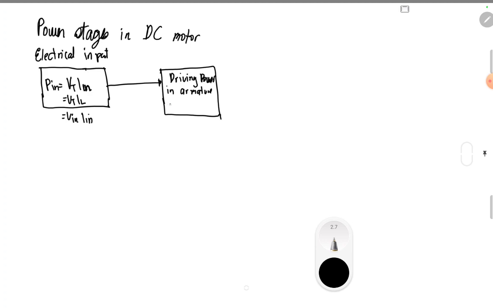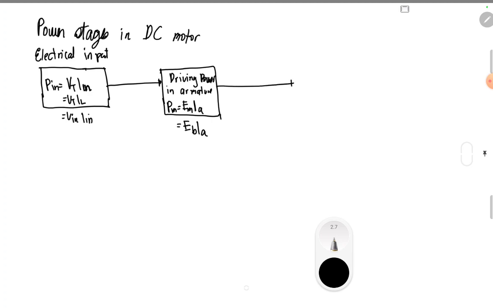Usually this will be your PM, or P of the motor, which is equal to EM, or EB, multiplied by our IA. EM means the voltage in the motor. EB is similar, which is our back EMF multiplied by our IA.